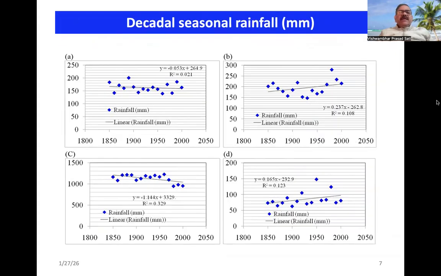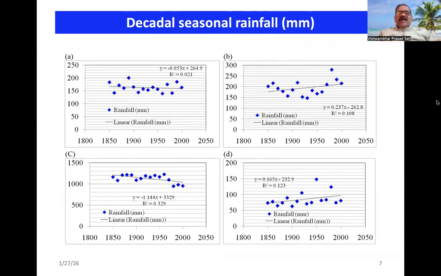So this is decadal seasonal rainfall, and if you see the months of January, February, and March, it is again decreasing, graph A. And this is the season, as I told you, for precipitation. Again, graph B is for April, May, and June, but the rain is increasing.